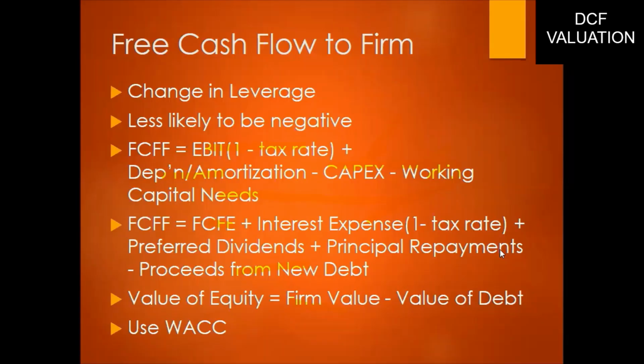But our objective is to get the value of equity. So how do we get the value of equity? We deduct the value of debt. So we use WACC to get firm value and deduct the market value of debt to get the value of equity. Then you can divide it by the number of shares to get the intrinsic price per share. Okay. Let's go back to our free cash flow to firm formula.